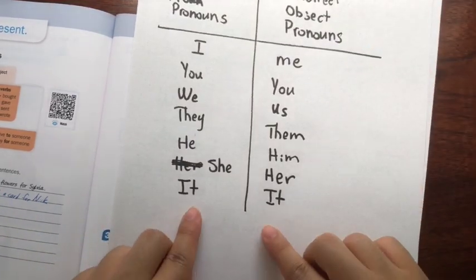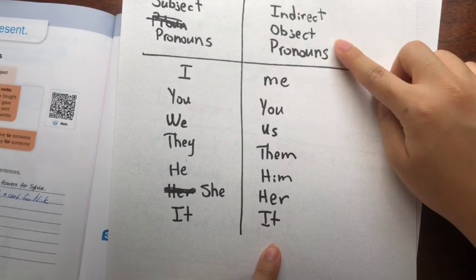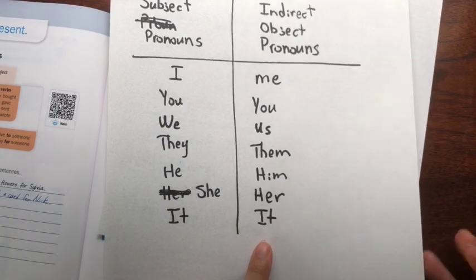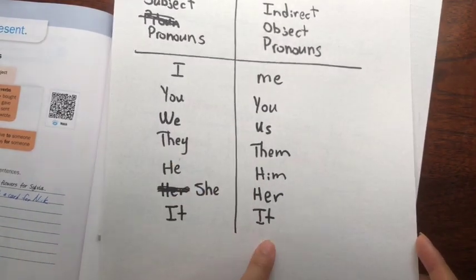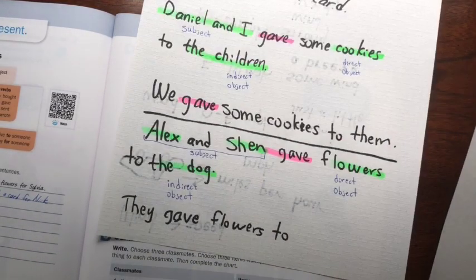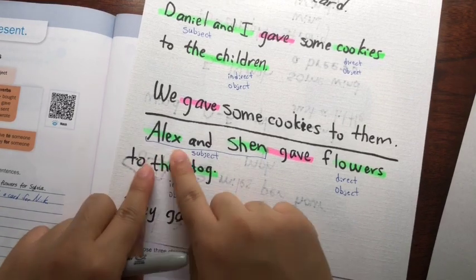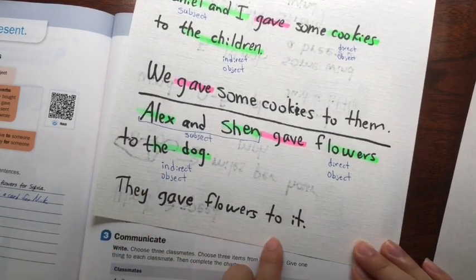The dog, we use it. The dog is the indirect object. We use it. Unless you know it's a boy or girl, then you can say him or her. But I'm going to say it. So, Alex and Shen gave flowers to the dog. They gave flowers to it.